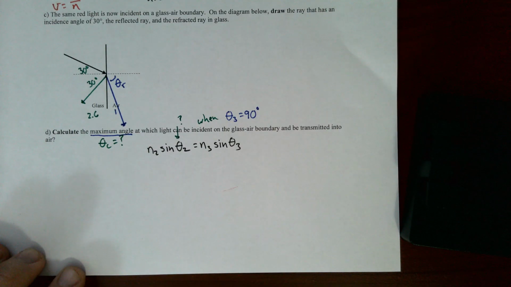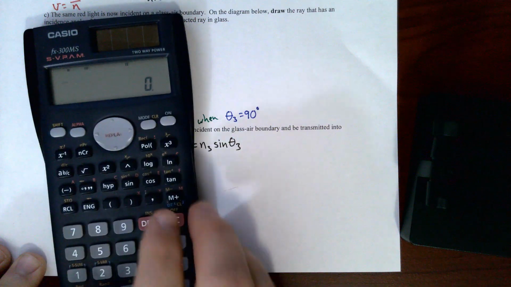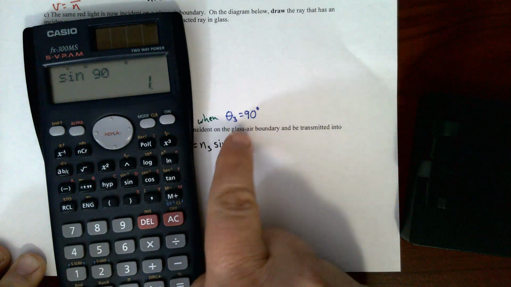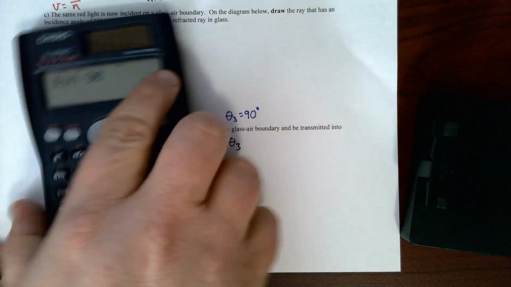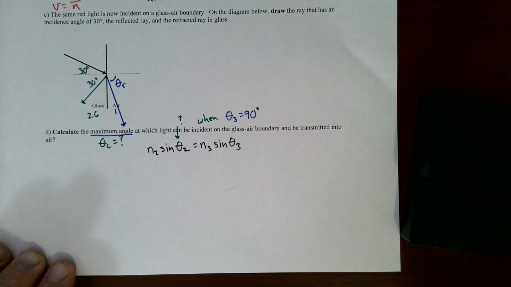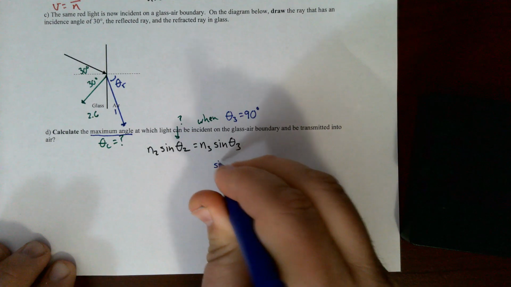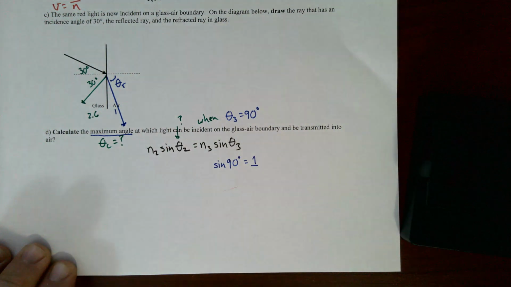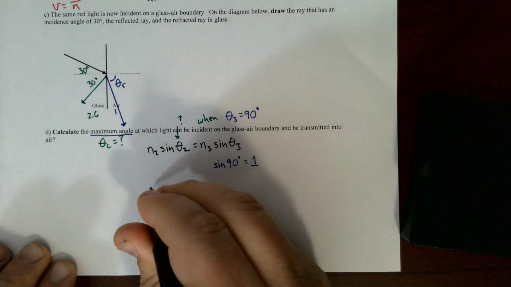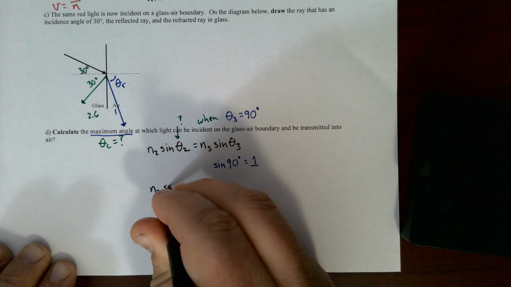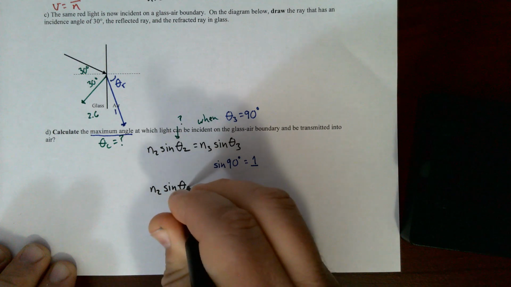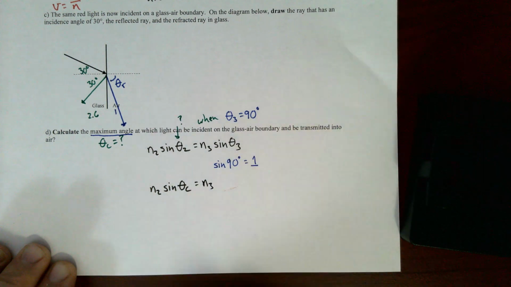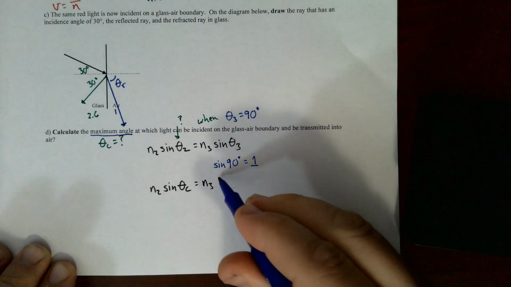And so if you remember, or if you don't remember, use your scientific calculator, the sine of 90 degrees is 1. And so I can go ahead and replace sine theta 3 with 1. So sine 90 degrees equals 1. So my Snell's law equation, I'm going to say N2 sine theta c equals N3 times 1.